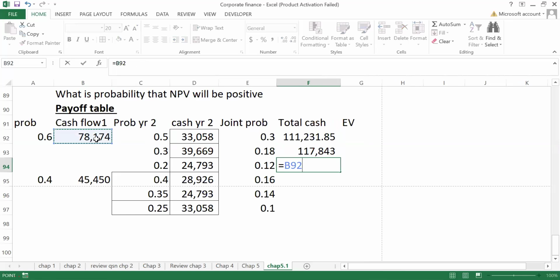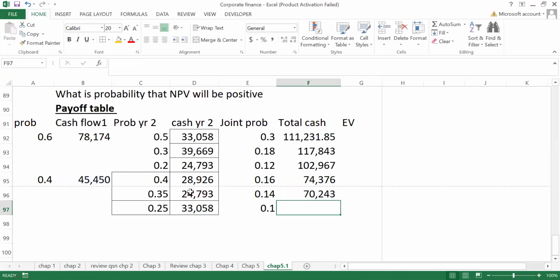When the probability is bad, it can be this plus this. It can be this plus this. It can be this plus this.